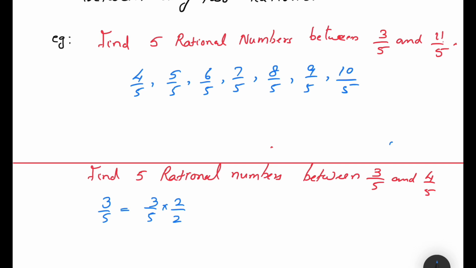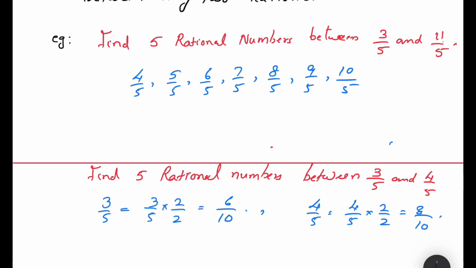You are multiplying the numerator and denominator by 2, so the fraction will not change. So it is 6 by 10. Similarly, 4 by 5 can be written as 4 by 5 into 2 by 2, so this is 8 by 10. So it is now 6 by 10 and 8 by 10.